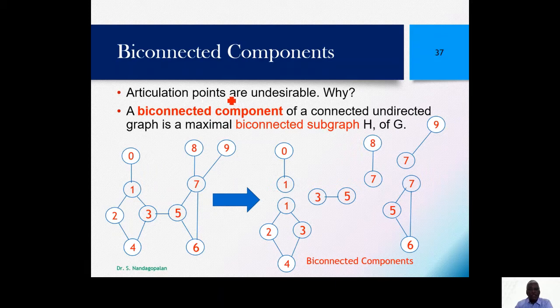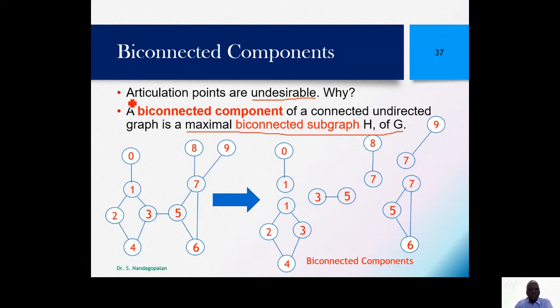Articulation points are undesirable, so I've already answered this question. The biconnected component of a connected undirected graph is a maximal biconnected subgraph H of G. All these words are very important. It should provide me the maximal number of biconnected subgraphs.